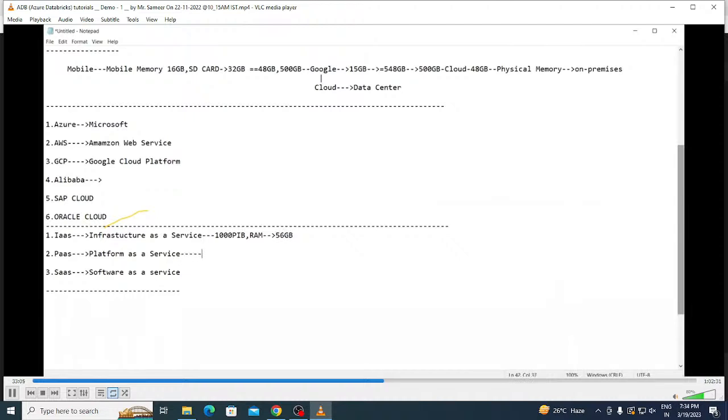Next, after this, Platform as a service. Suppose, guys, what is a platform? A platform is generally a type of operating system. We are using Android as an operating system, and Apple is using some other operating system.